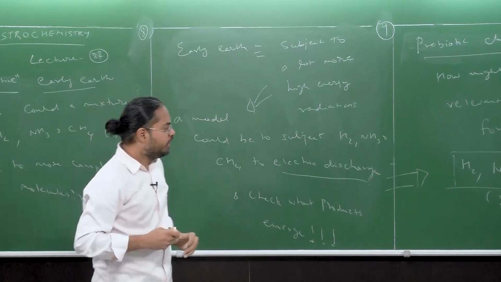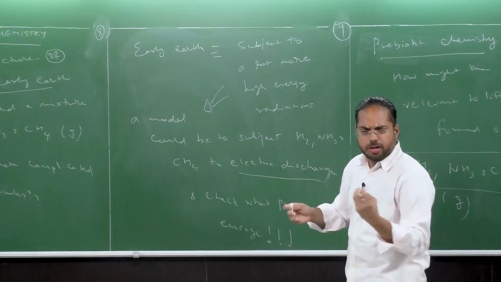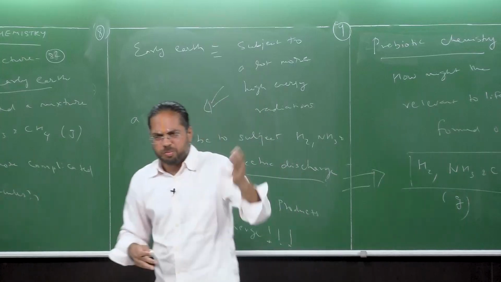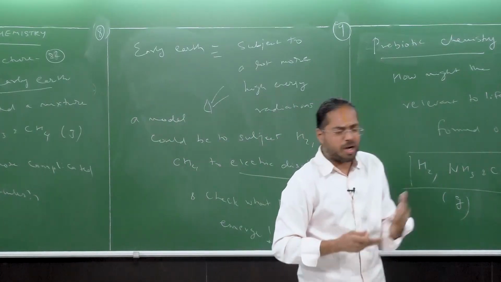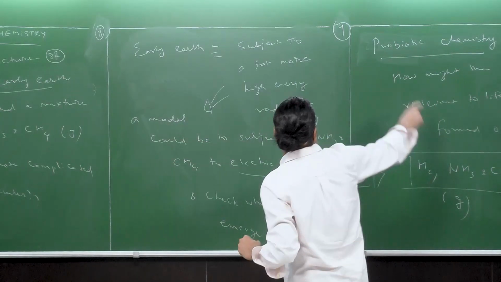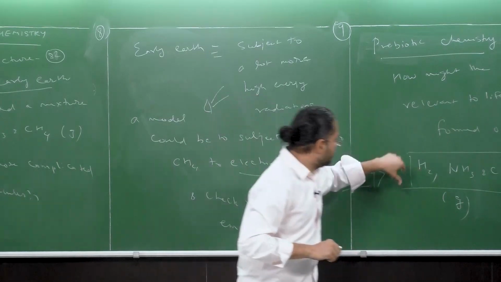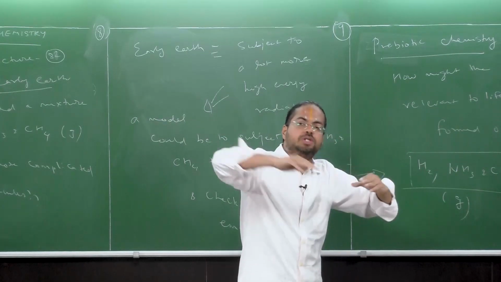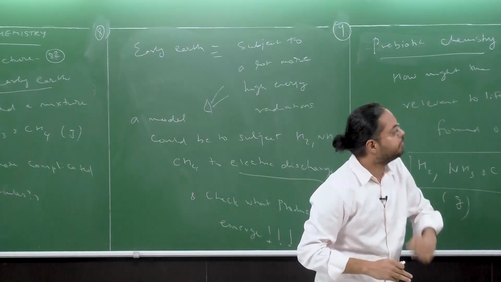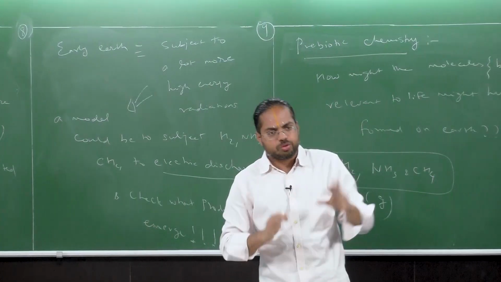With this premise, they subjected these molecules to electric discharge. In fact, this is the exact experimental setup. You may even look it up in the class 12 biology textbook. I don't know if the chemistry textbook has it, but I'm sure biology has it, because this is also the beginning of astrobiology. The fact that molecules as small as this can eventually lead to life forms is what the area of astrobiology is concerned with. So prebiotic chemistry is just one step away from astrobiology. All right, so just note this.